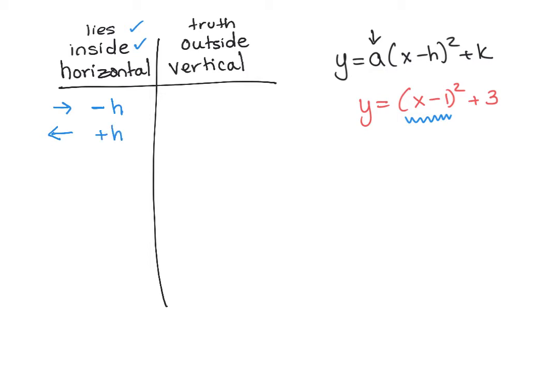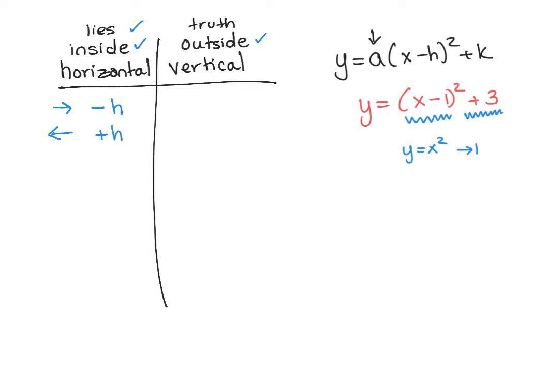Okay, so I know that I'm going to take my parent function, which is y equals x squared, and I know I'm going to end up moving it to the right one space. I know that just by looking at the function. Okay, then you're also going to look and see that on the outside of the function, outside the parentheses, you have a plus 3. Remember, if something's on the outside of the function, that means it's a vertical change.